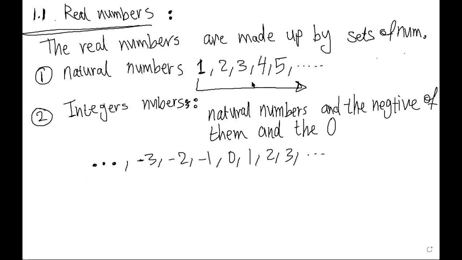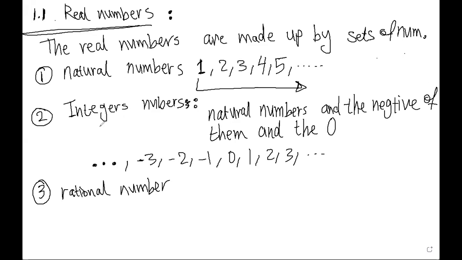Now, number 3. What is the other set? It is the rational numbers. So look, we're starting with a small set, the natural numbers, 1, 2, 3 to infinity, all of them positive.